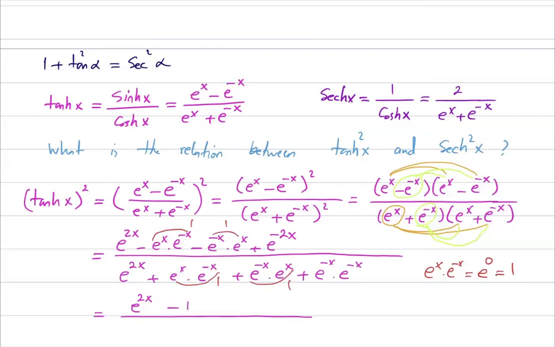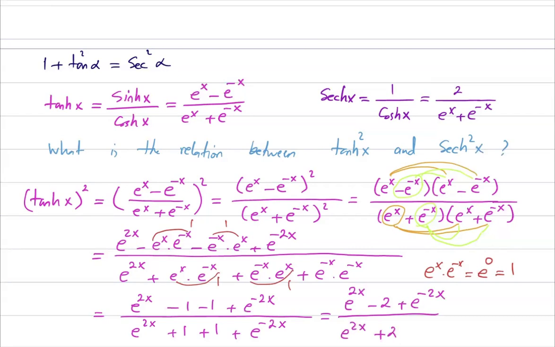So you have minus 1 plus e to the power minus 2x divided by e to the 2x plus 1 plus e to the power minus 2x. So this can be written as e to the 2x minus 2 plus e to the power negative 2x divided by e to the 2x plus 2 plus e to the power negative 2x.